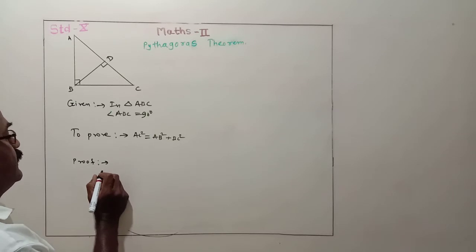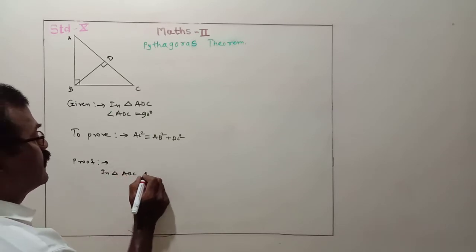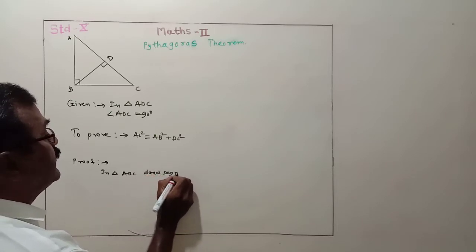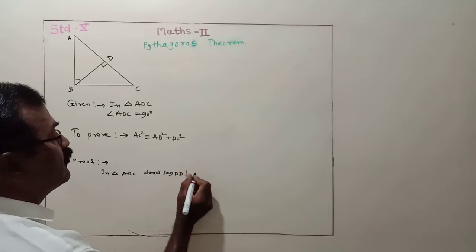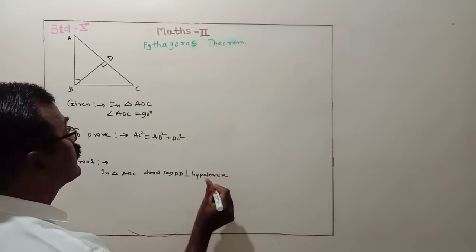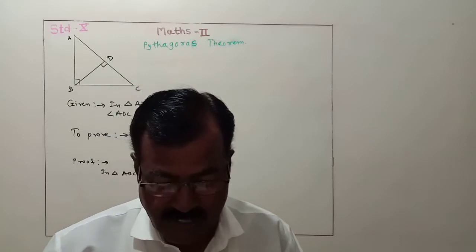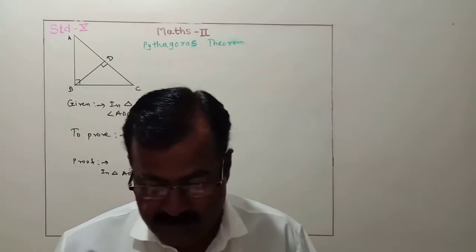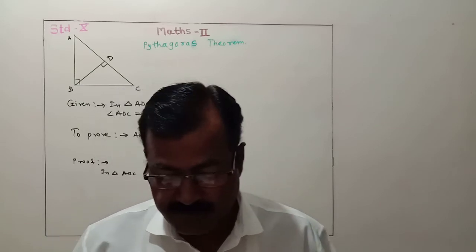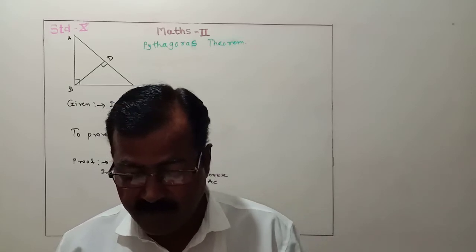Means in triangle ABC, draw segment BD perpendicular to hypotenuse AC. This is construction.